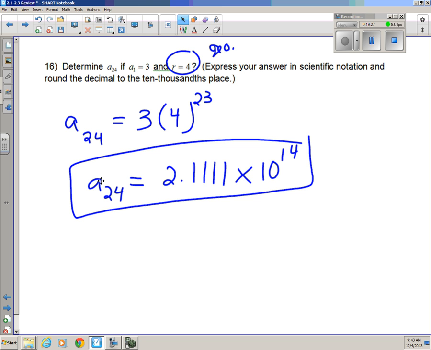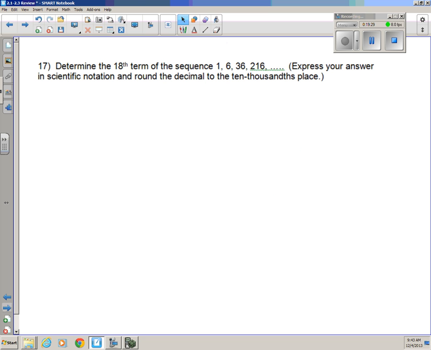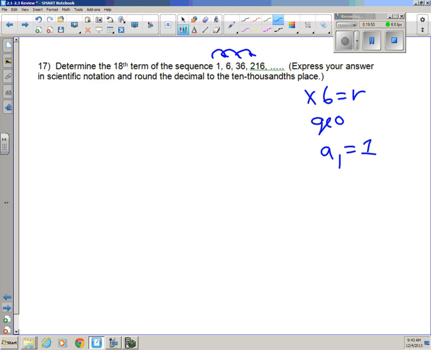Let's try the next one. Determine the 18th term of the sequence 1, 6, 36, 216. Express your answer in scientific notation. Again, this is geometric as well, because hopefully you see that you keep multiplying by 6. Common ratio, this is geometric. Your first term happens to be 1. So we're looking for the 18th term.